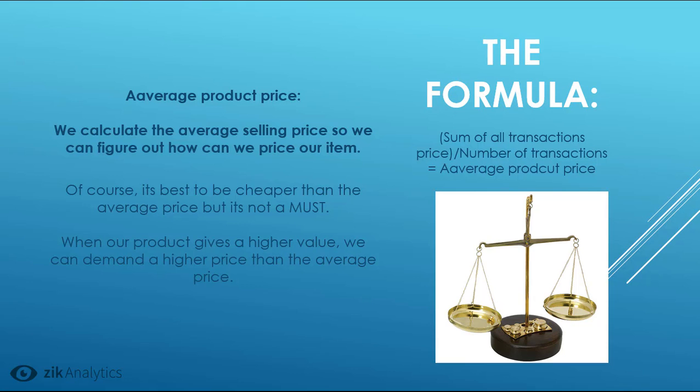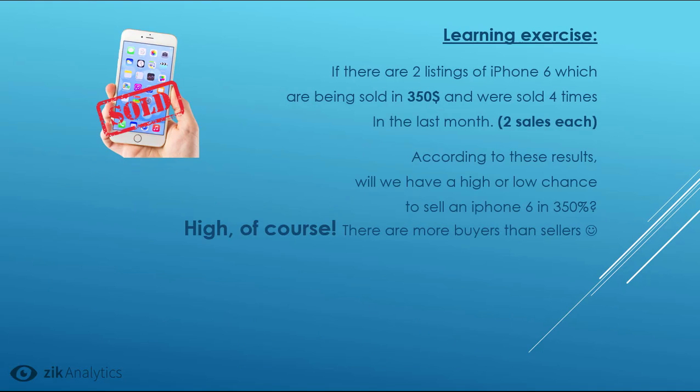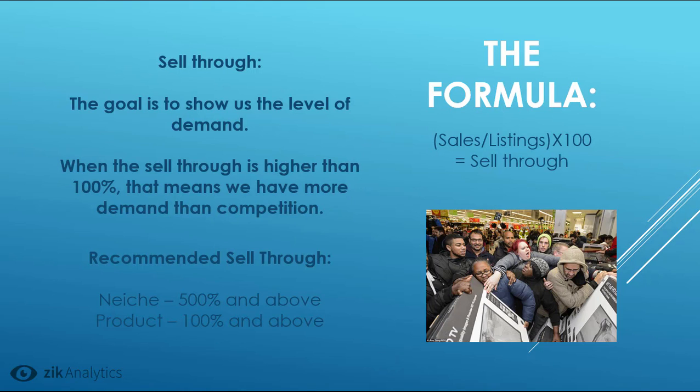I want to recap a little bit. We have three very important statistics. We have the sell-through, which is the sales divided by the listings multiplied by 100, and that shows us the level of demand.